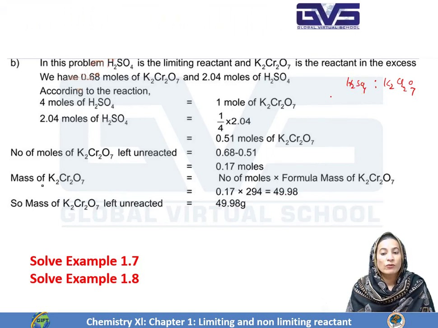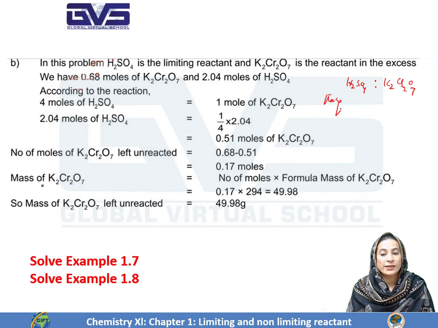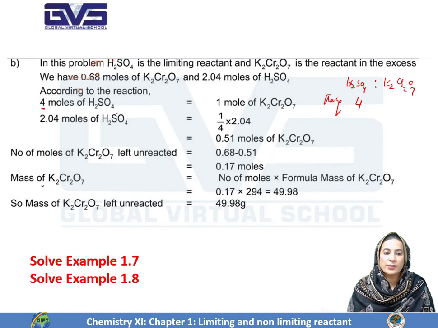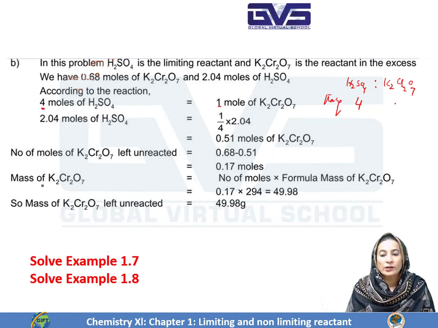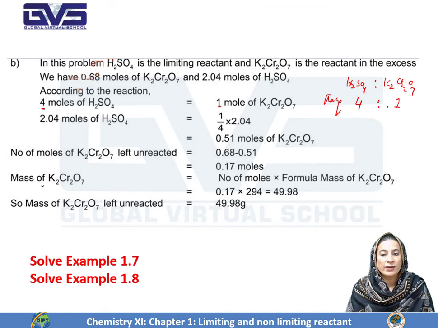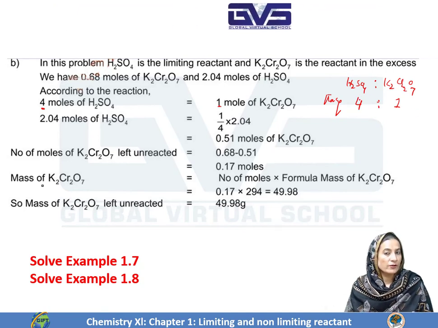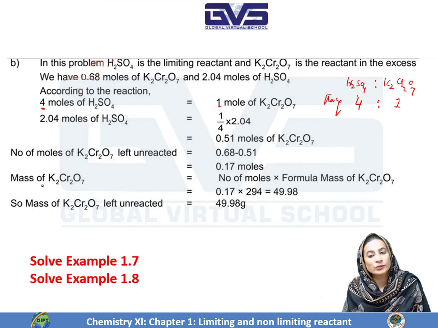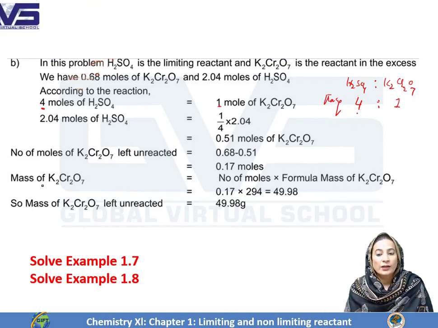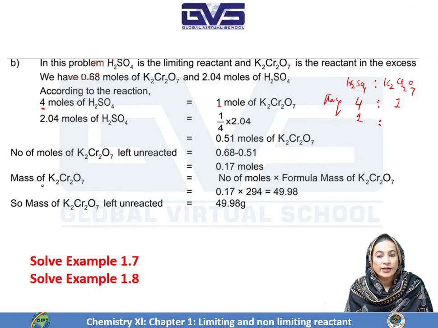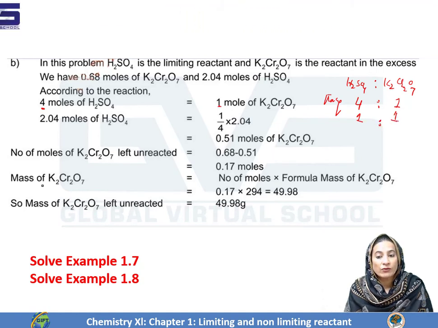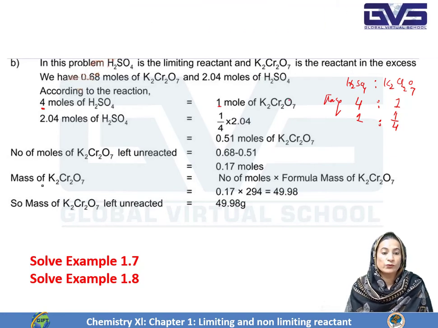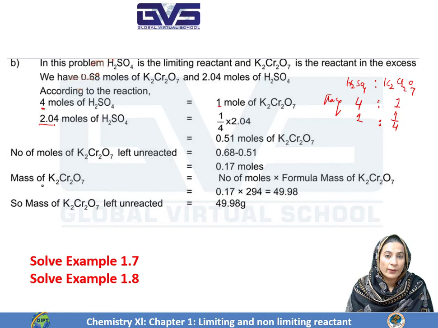And you know from the balanced chemical equation, these are the same calculation, when 4 moles of sulfuric acid are consumed, then at that time only 1 mole of K2Cr2O7 is consumed. When it's 1 mole we consume, then it will be 1 by 4. And the total moles of H2SO4 from 200 gram were 2.04.